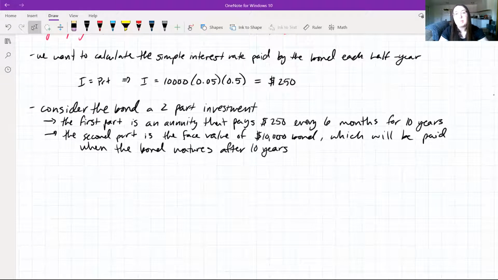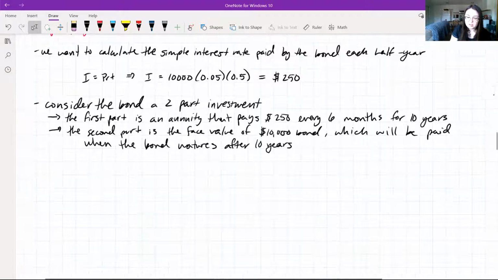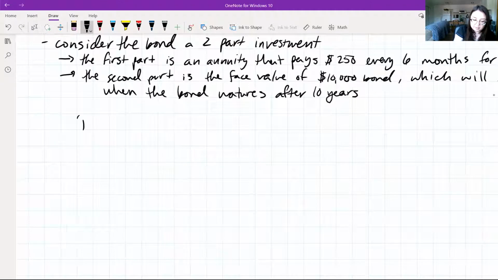So you need to be paying into your annuity at the same time the bond is maturing and also gaining value. So if we want to do our first part here, I'm going to label this as 1 as our first part, and our second part is 2.